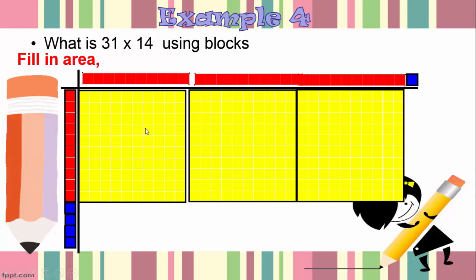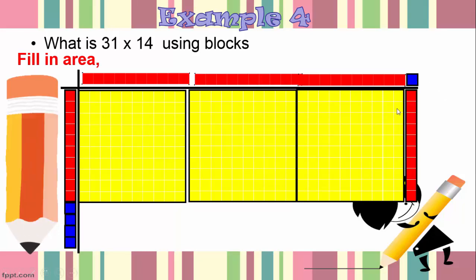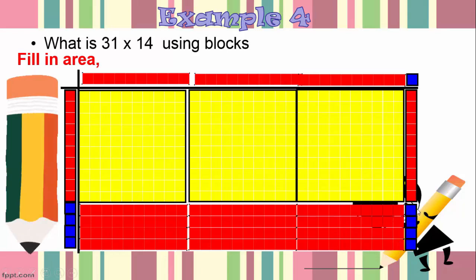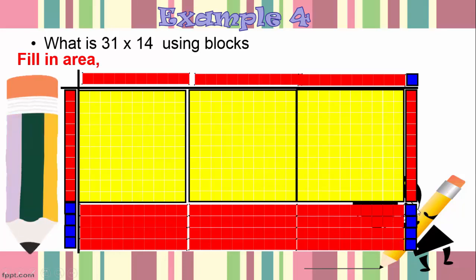And here I have 1, 2, 3 flats that I could fill it in with. And I'll fill in here with a rod. And then I'll fill in 1, 2, 3, 4, 5, 6, 7, 8, 9, 10, 11, 12 rods here, and in what's left over here only fits 4 units.